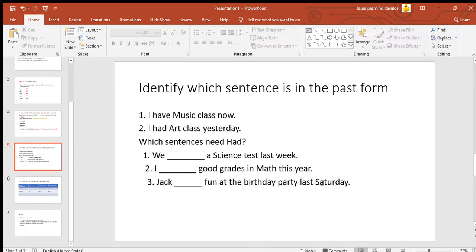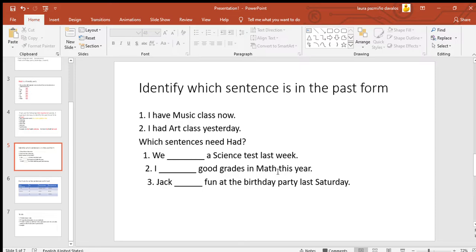If you looked at these words, you already know that we need to write had here because it is telling us that the sentence is in the past tense. Let's look at sentence number 2. I, blank, good grades in math this year. This year, we're talking about this year, 2020, that means present.